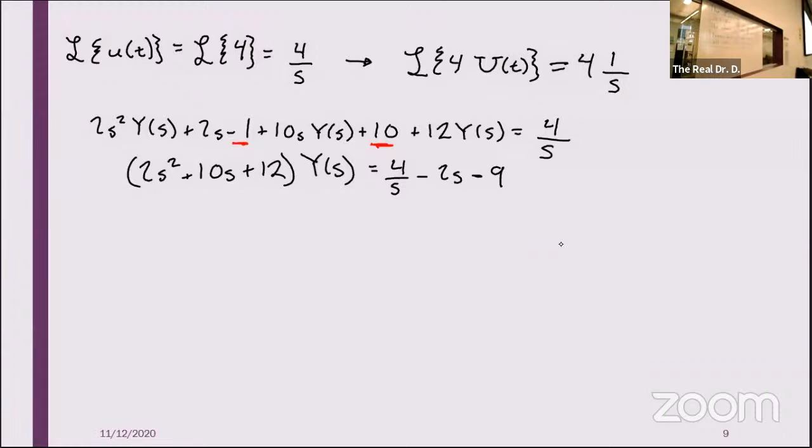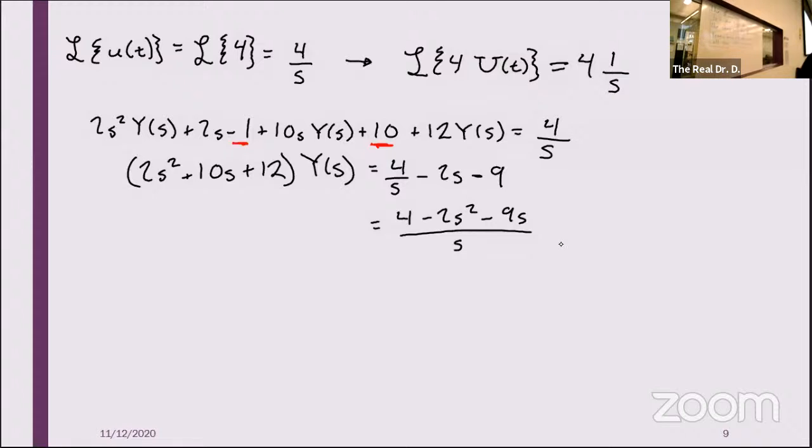Okay, I'm going to do a little more algebra and put a common denominator of s on the right-hand side, so I have all of this over one single thing, because dividing out my 2s squared plus 10s plus 12 gets messy otherwise. In doing so, you'll get that this is equal to 4 minus 2s squared minus 9s over s.